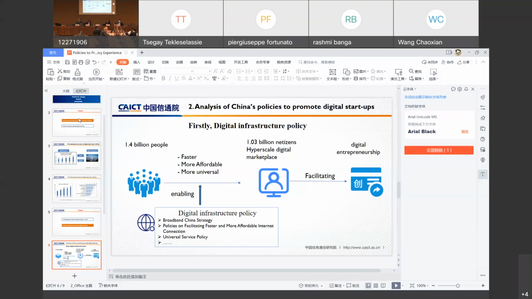Relying on this advantage, entrepreneurs with a good digital business model can quickly gain access to over 1 million or even over 100 million digital users. This is the fundamental reason why all digital startups, digital unicorns, and digital platforms in China can emerge and grow rapidly.